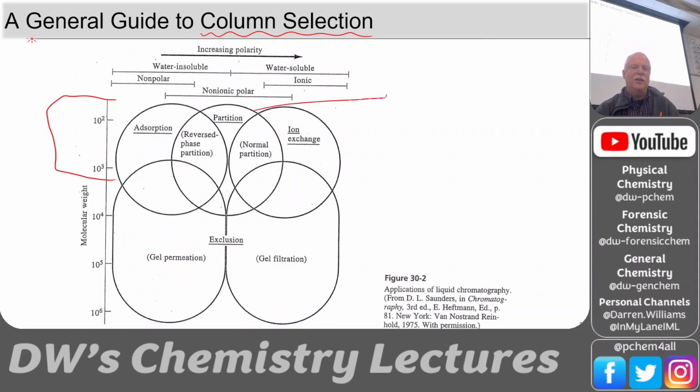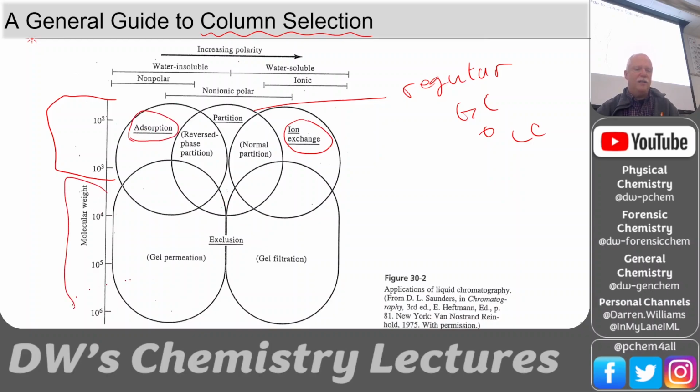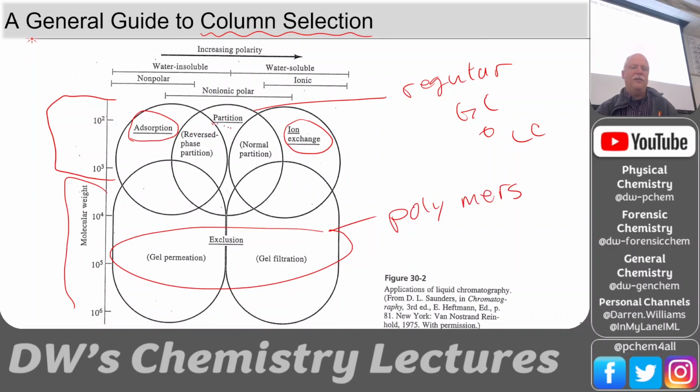So this is your regular GC and LC. Then you have ion exchange if you have ions. You have adsorption if you have permanent gases. And then for the higher molecular weights, these are for your polymers. And so this is just a list of all the different types of names of types of chromatography.